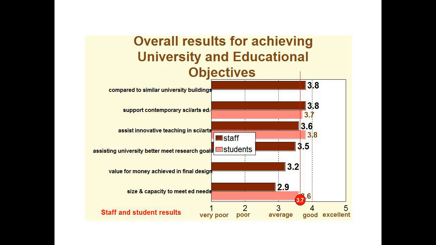There are some real differences if we look at size and capacity to meet educational needs, the one on the bottom line. So 3.6 and 2.9. 3.6 is not quite achieving our benchmark of 3.7. And from a staff perspective, both value for money and size and capacity, they're really not satisfied at this stage that the building is meeting the everyday requirements for educational and university objectives.